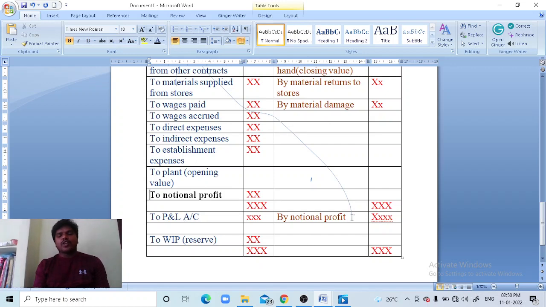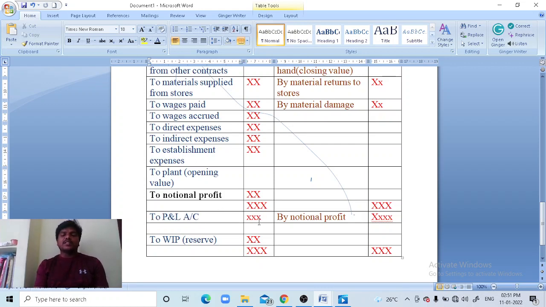Not the total amount of notional profit is the actual profit of the contractor, but some part of the notional profit will be treated as his actual profit. That part is carried forward to his P&L account.